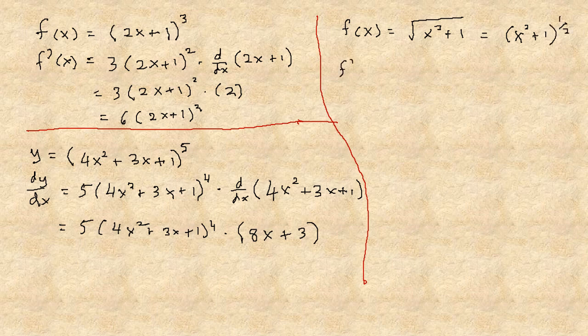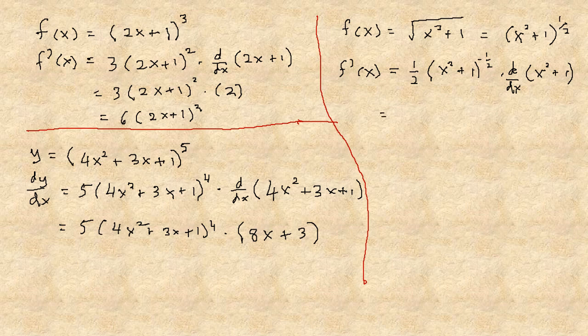So differentiate f'(x) will be equal to, we bring the power to the front, power is 1/2, multiply by (x squared + 1) to the power of 1/2 minus 1, which is negative 1/2, and then multiply by the derivative of the function in the bracket, x squared + 1.